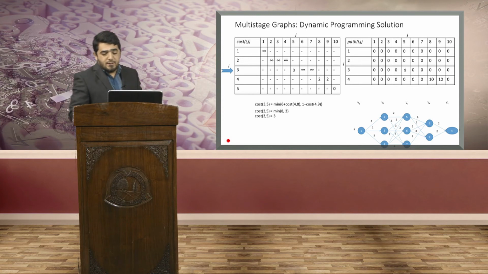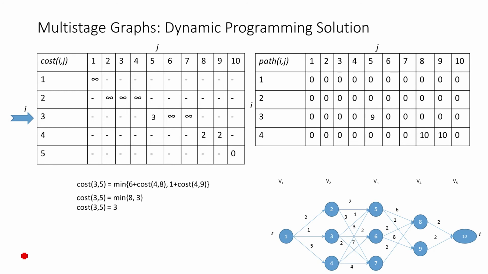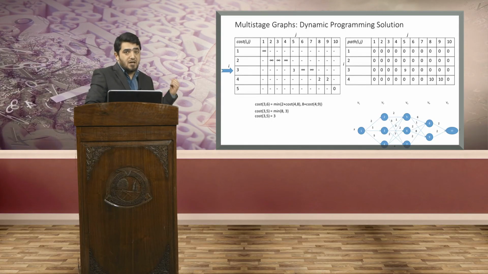Now similarly, we'll make a decision for node number 6 in the same stage. For node number 6, the cost of selecting node number 6 in stage 3 is the minimum of 2 plus the cost of selecting node number 8 in the next stage, and 8 plus the cost of selecting 9 in the next stage. It boils down to the minimum being obtained by choosing node number 8 in the next stage if we have chosen node number 6 in the third stage.